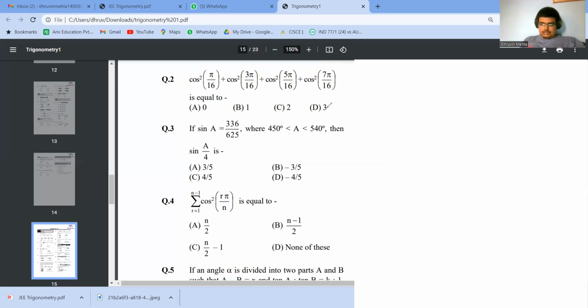So can we multiply and divide by 2 sine square pi by 16? No, Muskan, that works in a completely different situation.